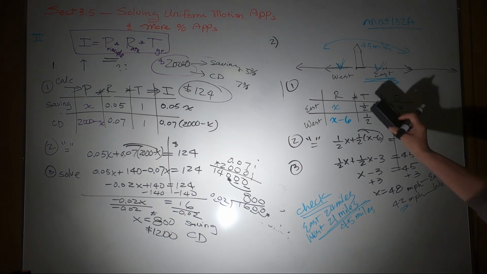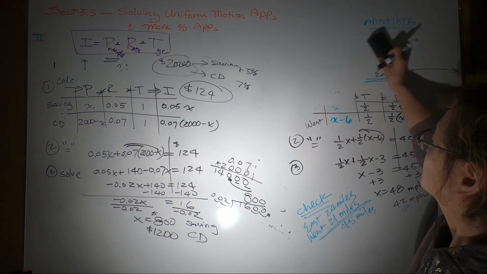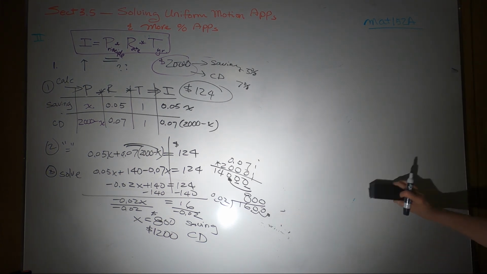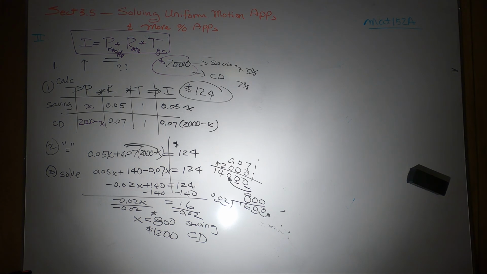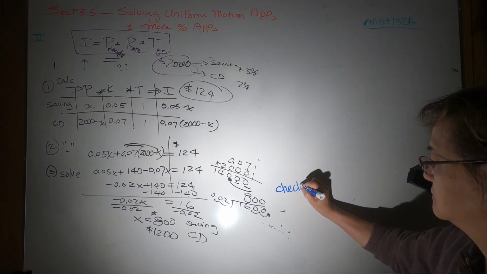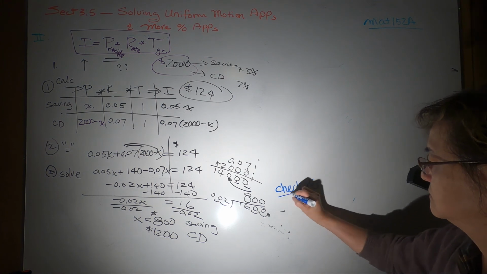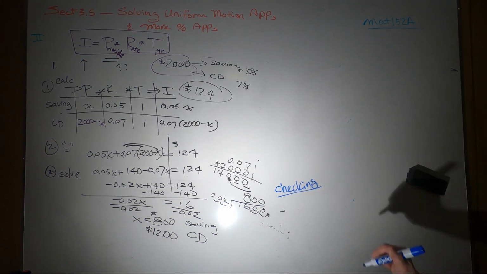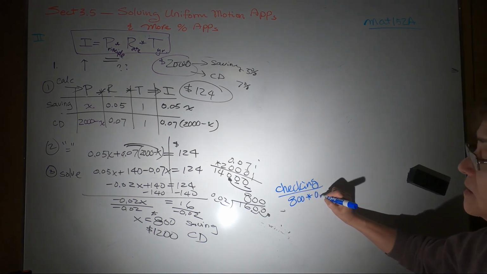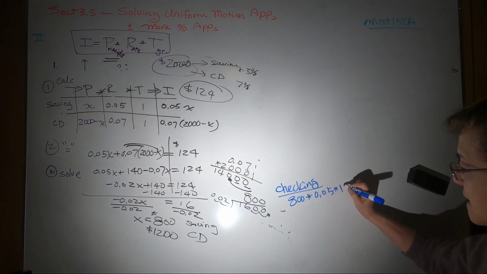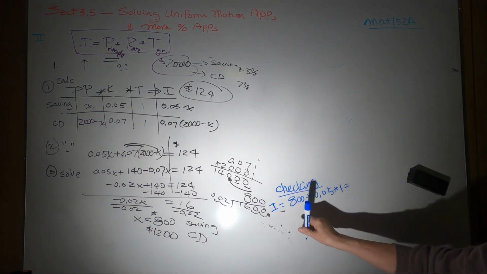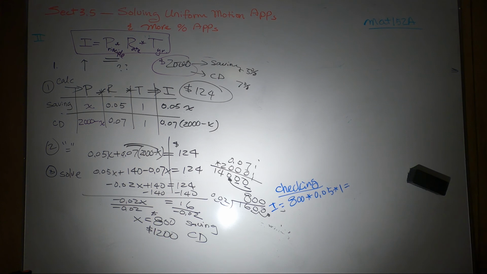And how do you know you are doing it right? You better check, right? So for saving, $800, right? For 1 year, interest rate is what? 0.05 times 1 year, right? I equals what? PRT.